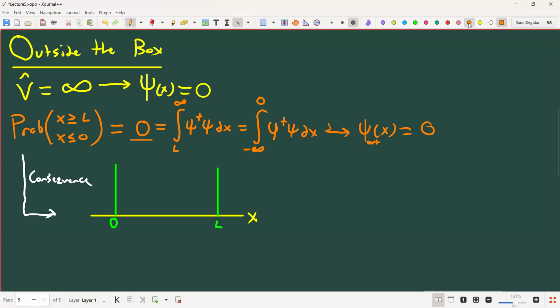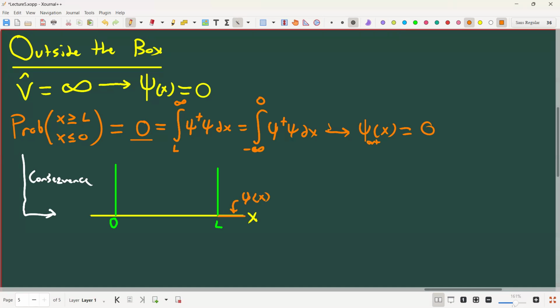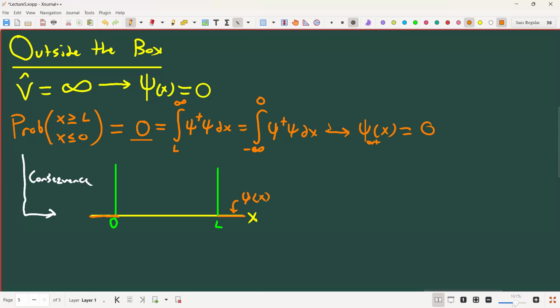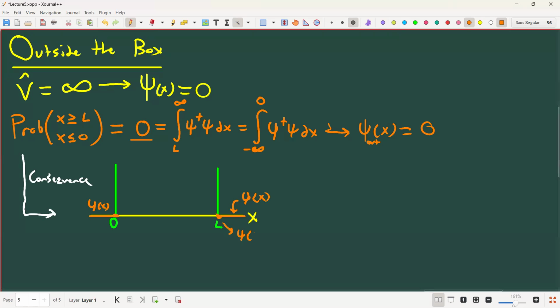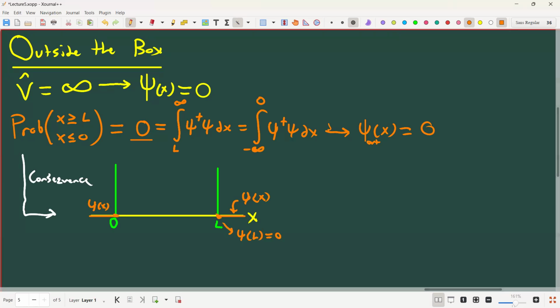Okay, and I'm going to draw the wave function in orange here, right? The wave function outside of the box and at the walls is 0. Okay, so what that means is that psi of L, which is at the wall itself, is 0, and psi of 0 is 0.